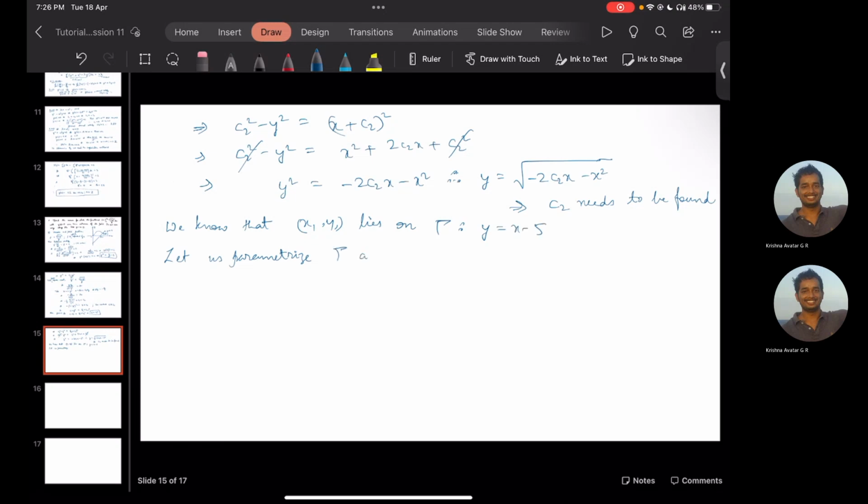So let's parameterize gamma in terms of any parameter, zeta. This will give us the x coordinate as zeta, and then the y coordinate, let it be zeta minus 5, such that dx by d zeta and dy by d zeta is equal to 1, 1.